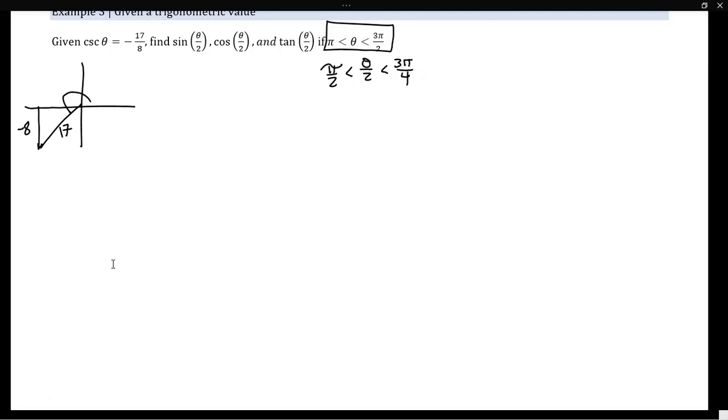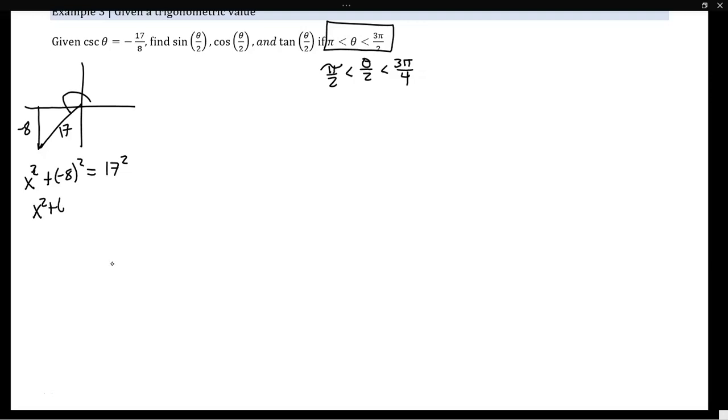So what we need to find is the x value. So if we have x squared plus negative 8 squared equals 17 squared. And so that's x squared plus 64 equals 289.